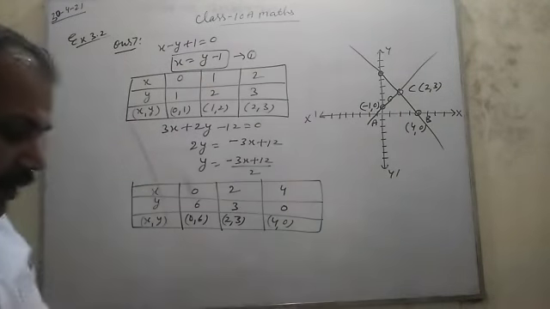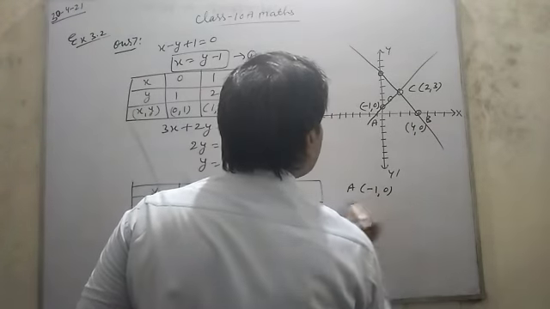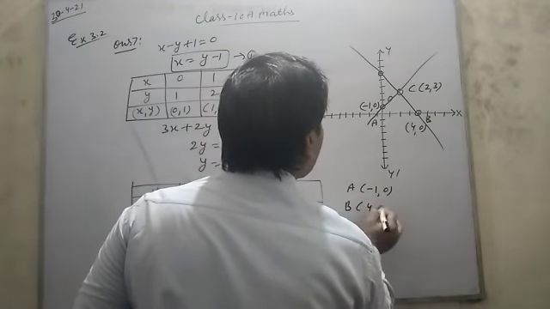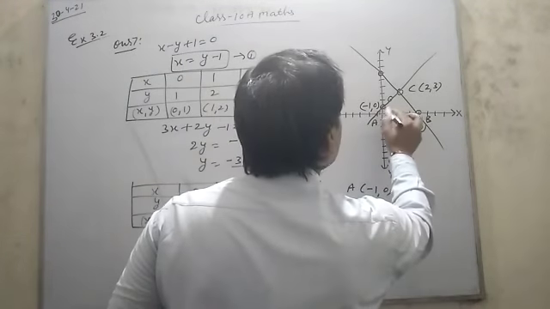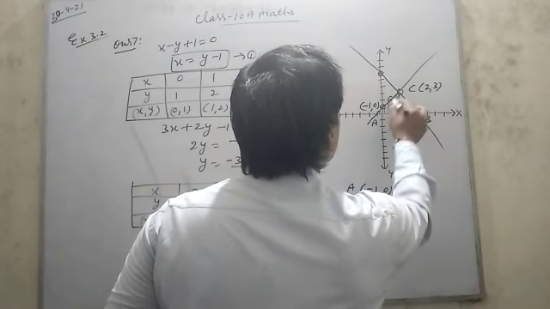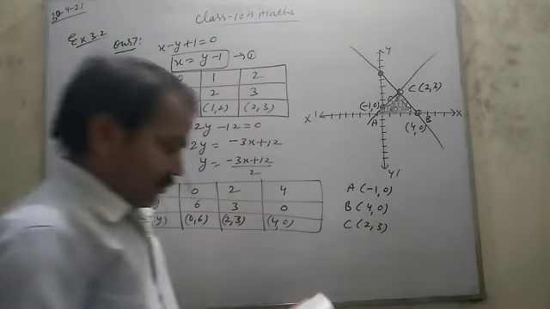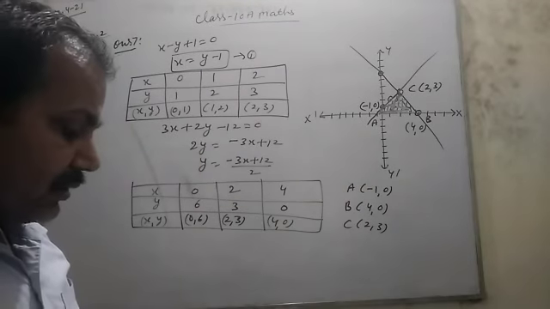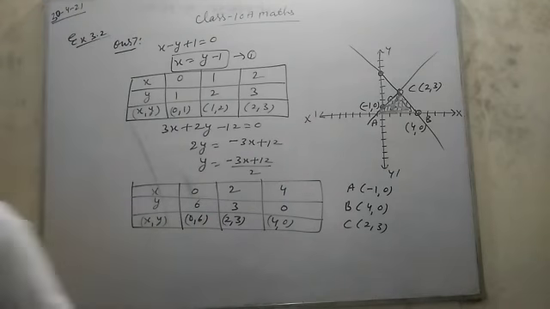So the coordinates of these three points are A (-1, 0), B (4, 0) and C (2, 3). And shade this triangular region. This is the triangular region. So that is completed. Now this chapter is completed.